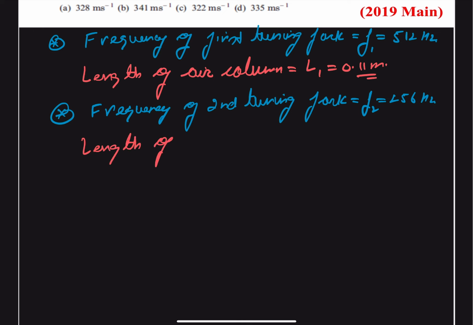Let us suppose that is L2, and it is given as 0.27 meters.